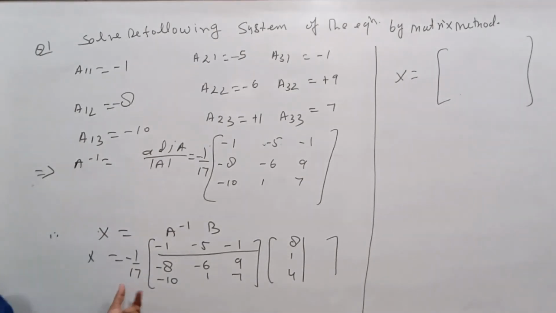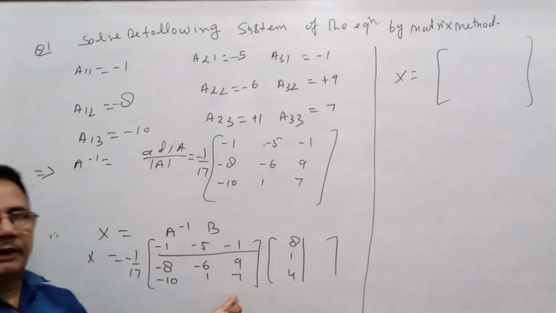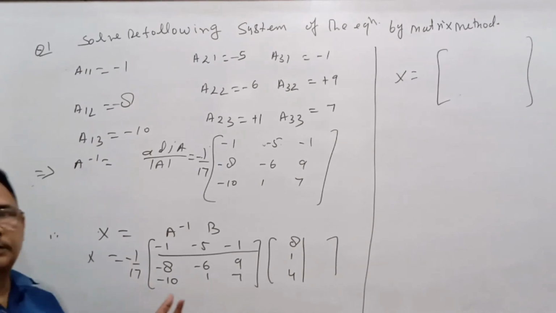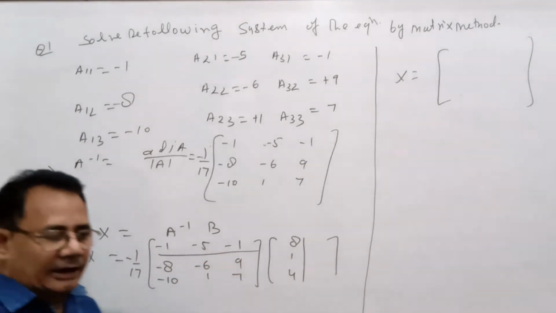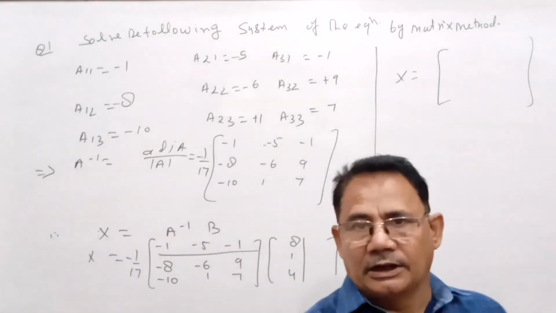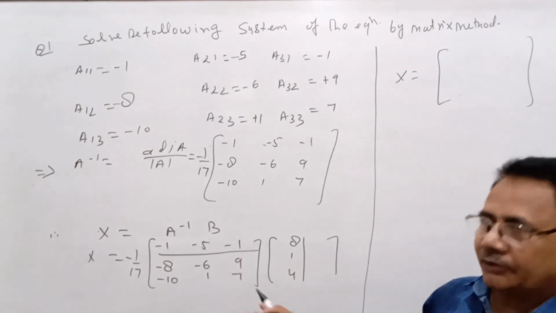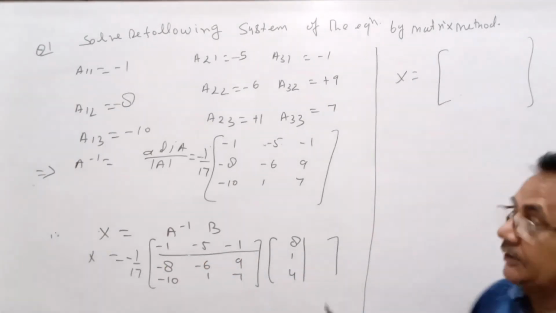Please see, here we do not multiply the value of the determinant into the matrix, because if we multiply it, then every element of this matrix becomes a fraction. In this case, the calculation is very difficult.